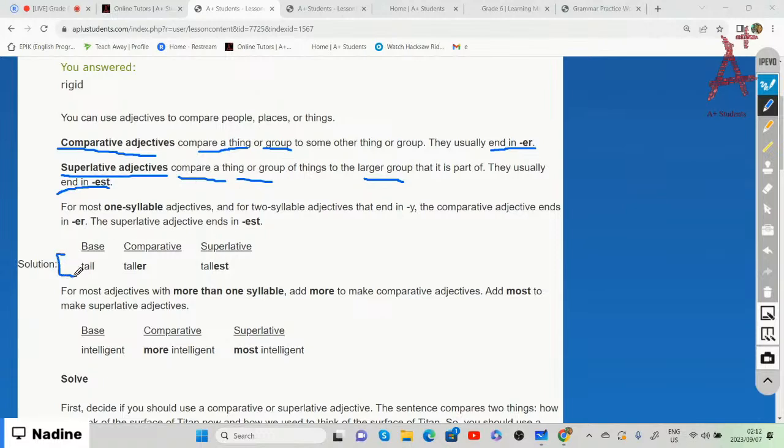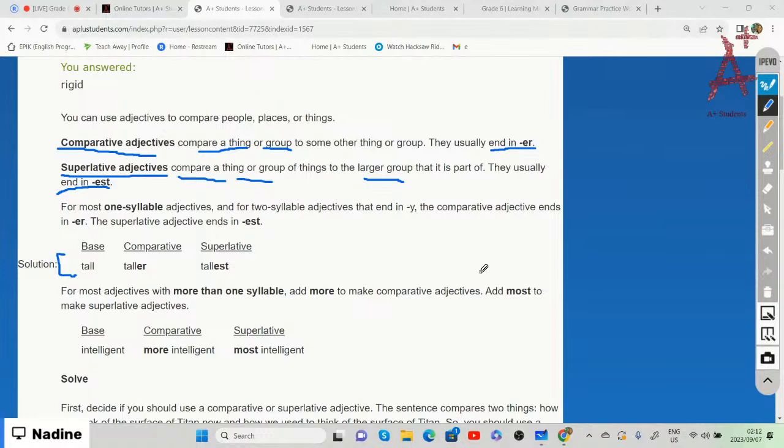This is one syllable. So our base adjective is tall.